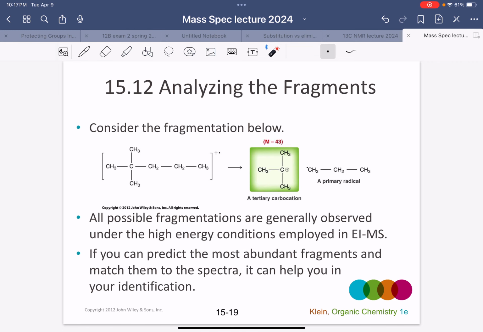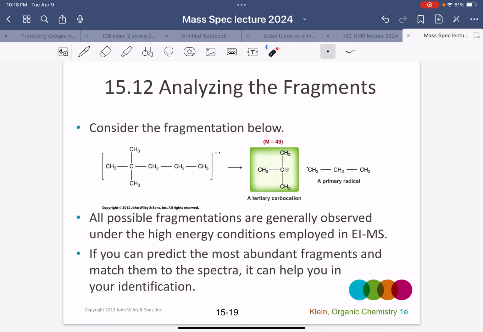So here's another example of a fragmentation. And here we have 1, 2, 3, 4, 5, 6, 7. So we have an isomer of heptane, and here's the molecular ion. When it fragments, it's very likely to fragment in the following way, where we get a tertiary carbocation.